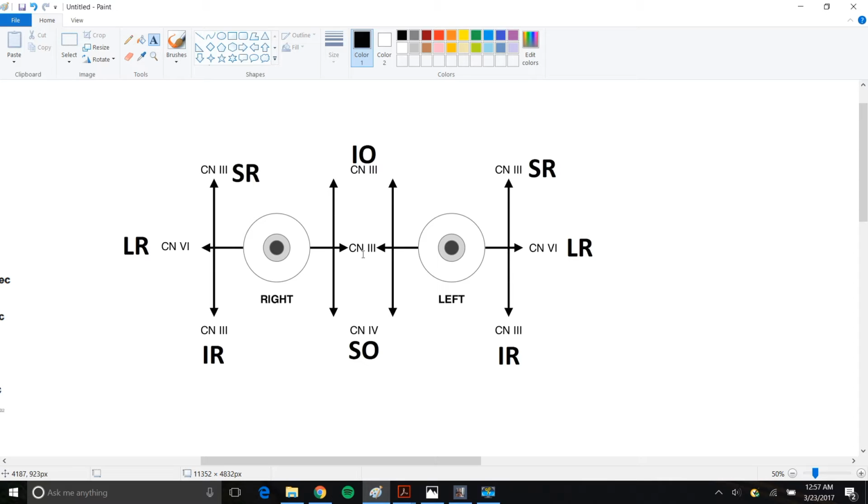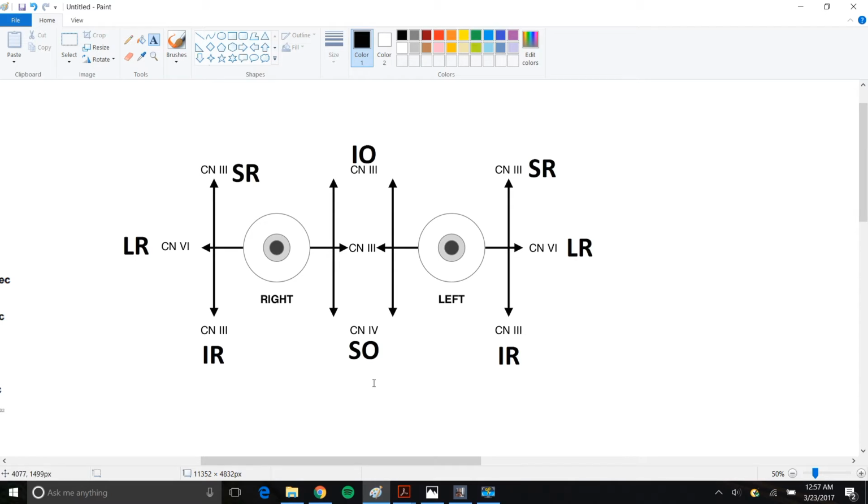Make sure they don't turn their head, but just their eyes, and follow the pen, making the shape of an H. You're going to go off to the left, up, down, then to the middle, and then right, up, down, and back to the middle. Then you're going to go inward for accommodation, just to make sure that they can see that correctly.